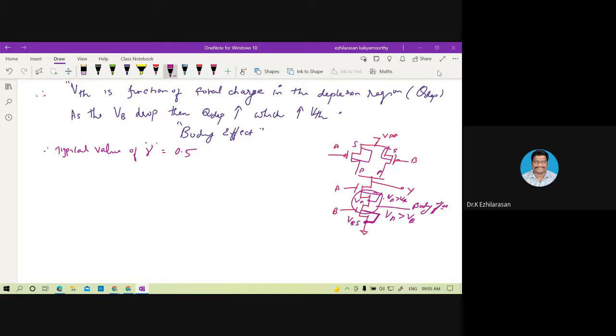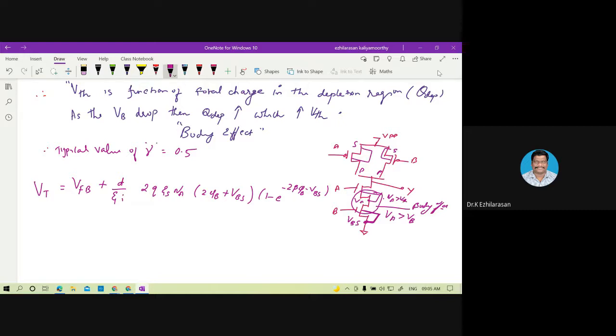From that expression, VT is equal to the flat band voltage VFB plus d by epsilon Si, 2q epsilon S NA, 2 phi B plus VBS, times 1 minus e to the power minus 2 beta phi B, minus VBS.